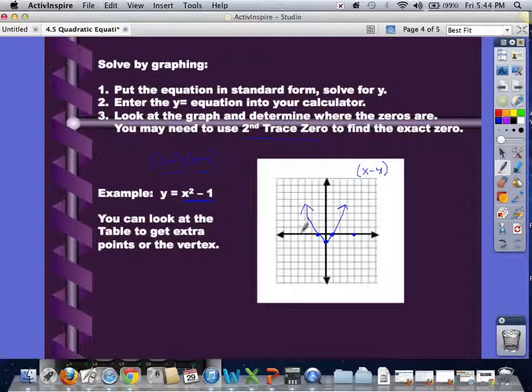If it was a minus 4, it would be a plus 4 in parentheses. So just know that if you're looking at the dots, if you're looking for the factors, it's the opposite, and they're in parentheses like this, okay? All right, so you should be able to go backwards and forwards from the graph and the factored form. And we will practice this in class, and if you have any questions, come see me.